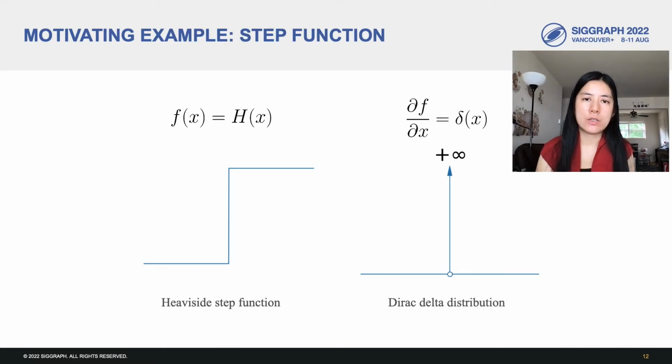In the theory of distributions, the derivative of the step function is a Dirac delta distribution. Informally, it evaluates to infinity at the origin and is 0 everywhere else. It can be approximated by any function sequence that integrates to 1 and approaches the distribution in the limit.